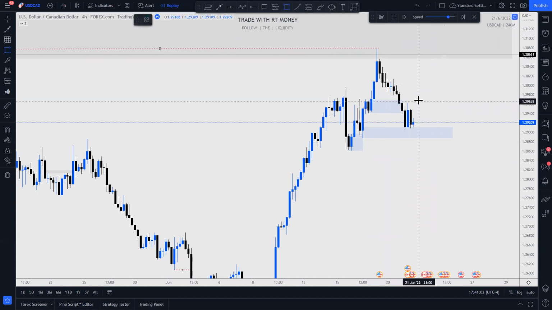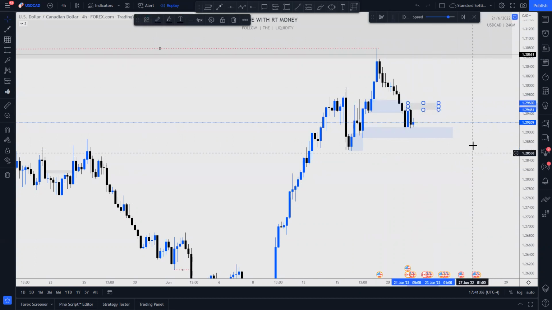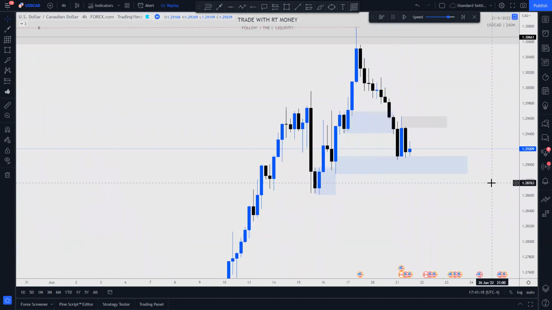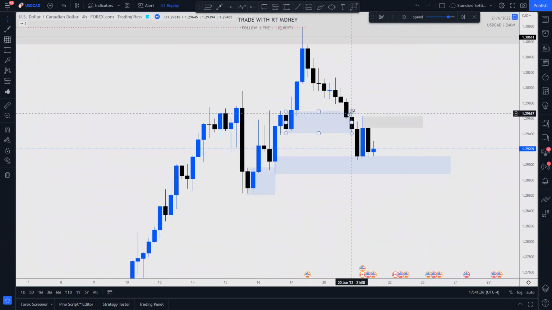If you look at that little wick area right there, this could serve as the zone of supply to take this trade down. But what I try to find is the last zone above this area. It could happen here, and I'm going to look for bearish price action. I need the confirmations on the 15-minute.